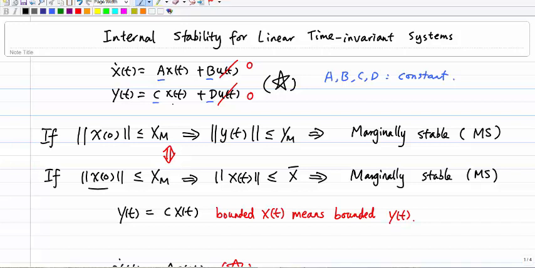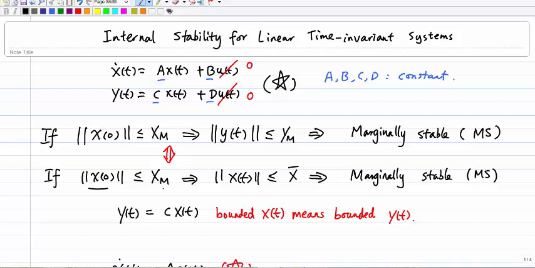For the linear time invariant system with a zero input, given as a star in the beginning of this page, if the initial condition is bounded by a certain value, for example, the norm of x0 is less than or equal to x m, which is a positive number, and this means that my output of the system, y sub t, is also bounded by a certain value, y sub m, the system is marginally stable.